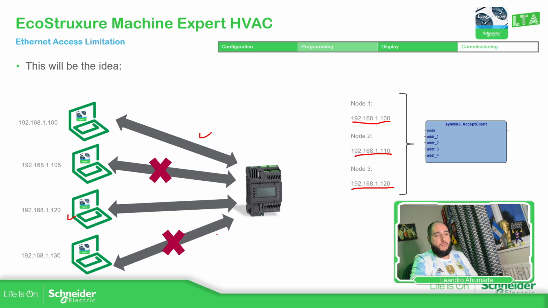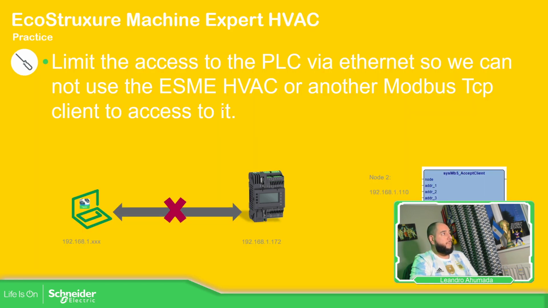In case you have the IP address on the PC in order to connect, it's going to work fine. Or if an HMI, for example, is trying to read variables or write data into this controller and doesn't have an IP address that this device allows, it shouldn't be able to do anything to it.